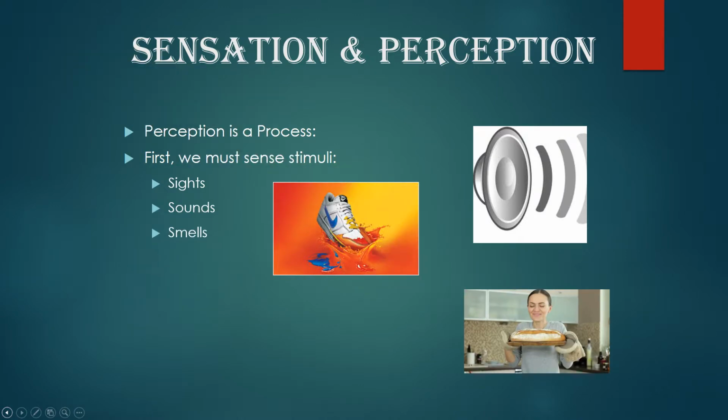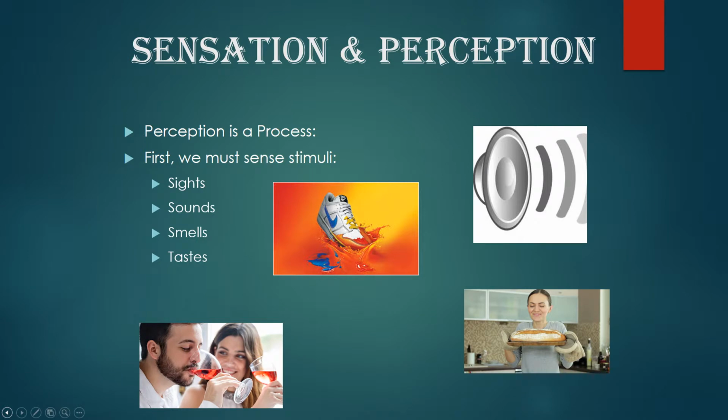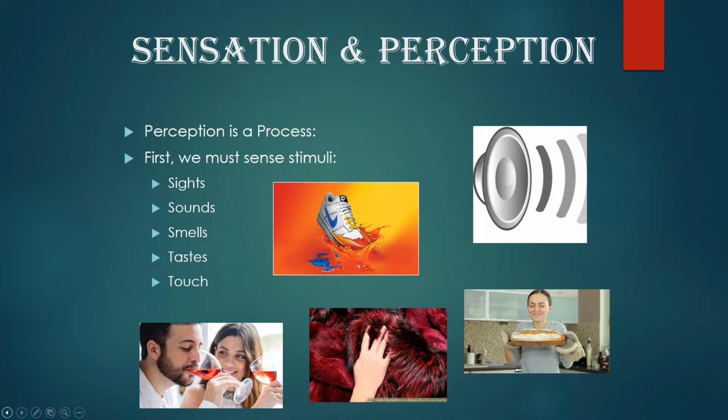Smells. Obviously that's a very big one. Some companies, depending on the products they sell, it's all about how the product smells or tastes, from food to wines to soda and so on, and even touch. So these are the five senses that really come into play.